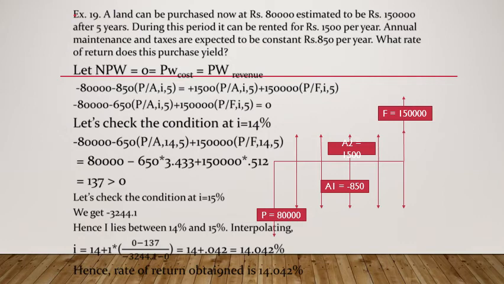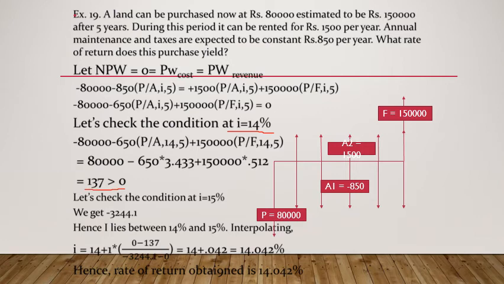That's why I convert everything into present worth, using the factor (P/A, i, 5), and let me blindly calculate at i equal to 14%. I end up with a positive answer, 137. I should get this as 0. It's not equal to 0, it's greater than 0.